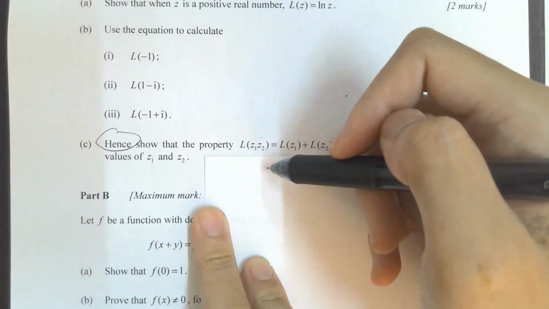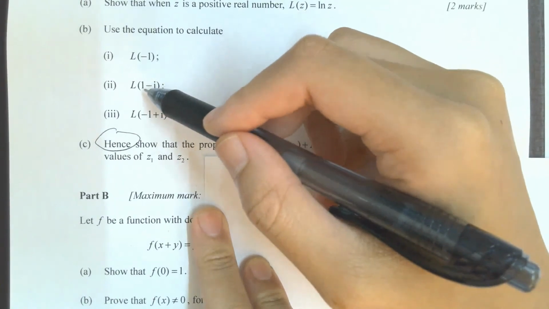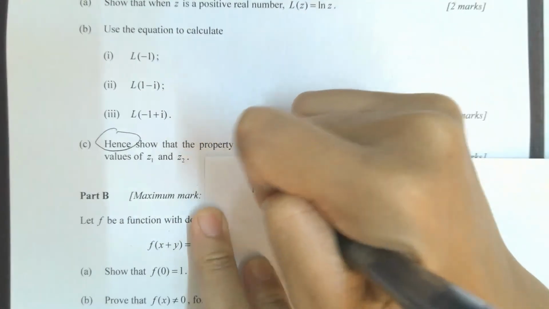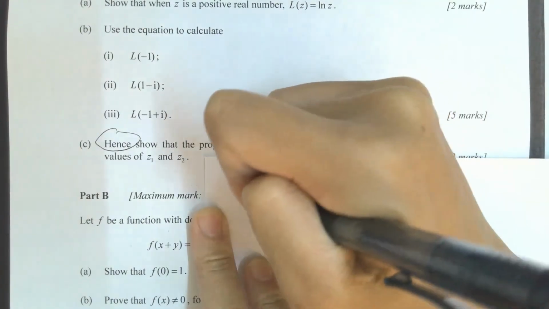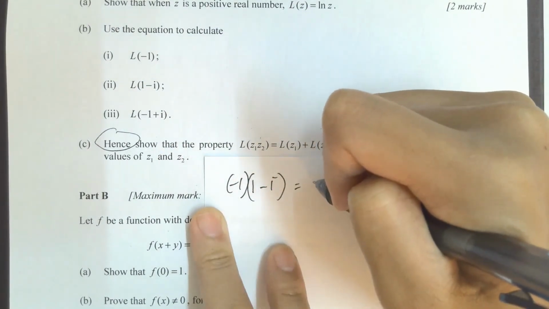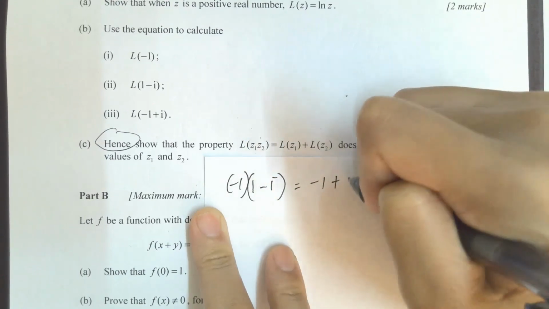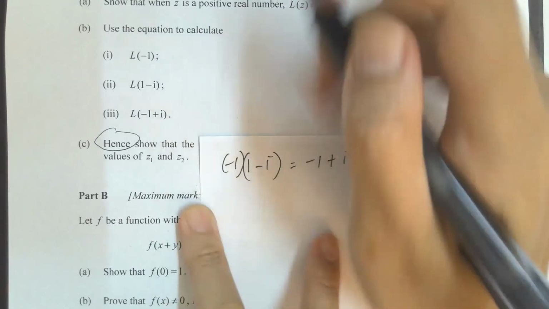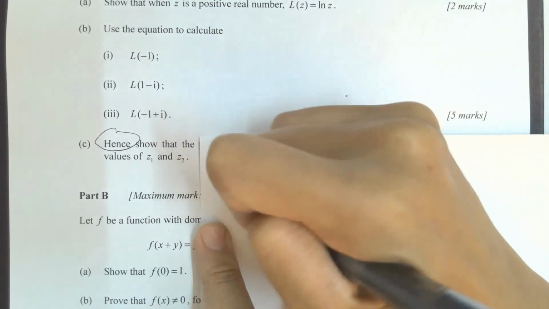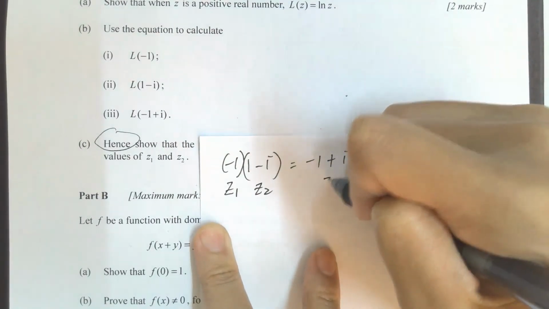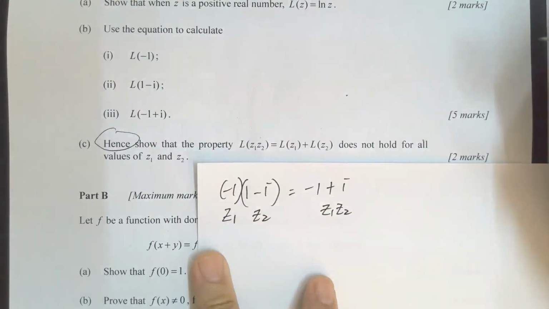So you can see that if we have 1 minus I times negative 1, we get negative 1 plus I. Which is to say, if our Z1 is this, and if our Z2 is this, then this one would be Z1 Z2. Excellent.